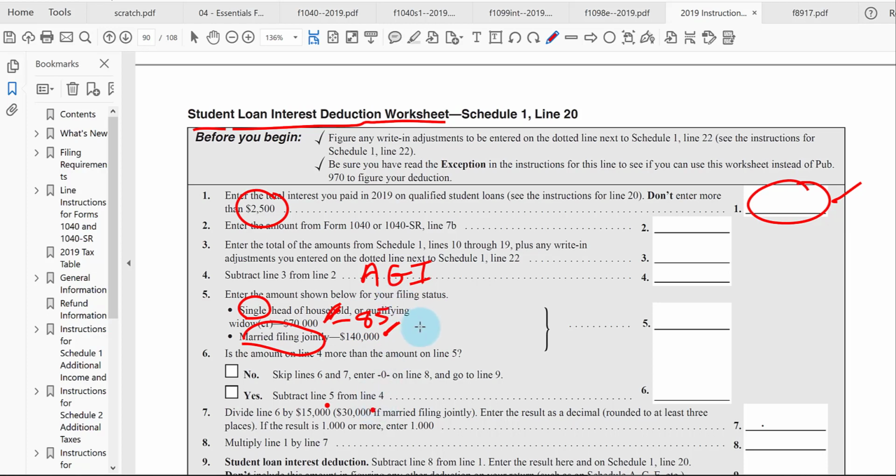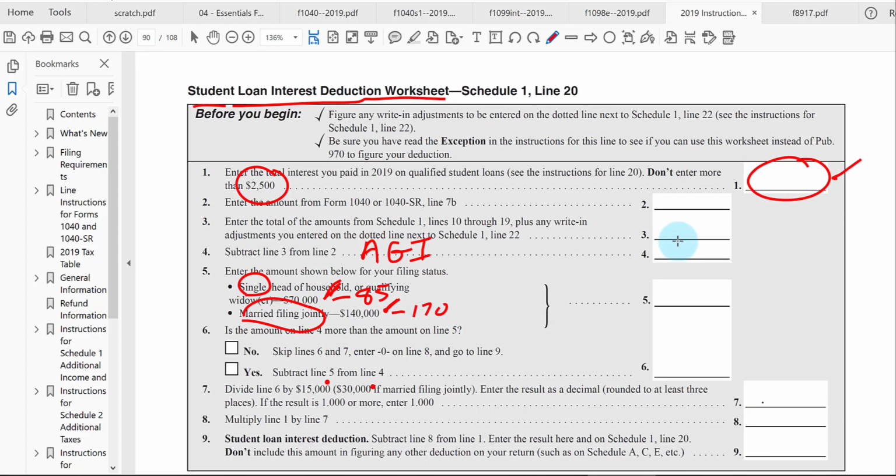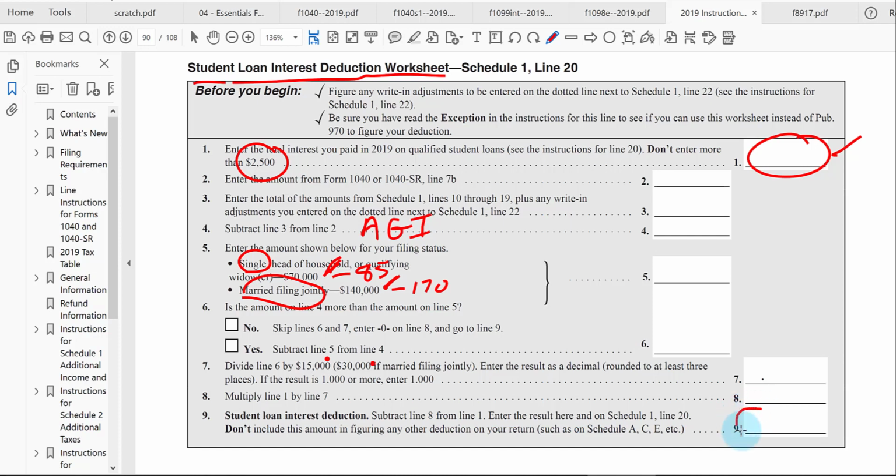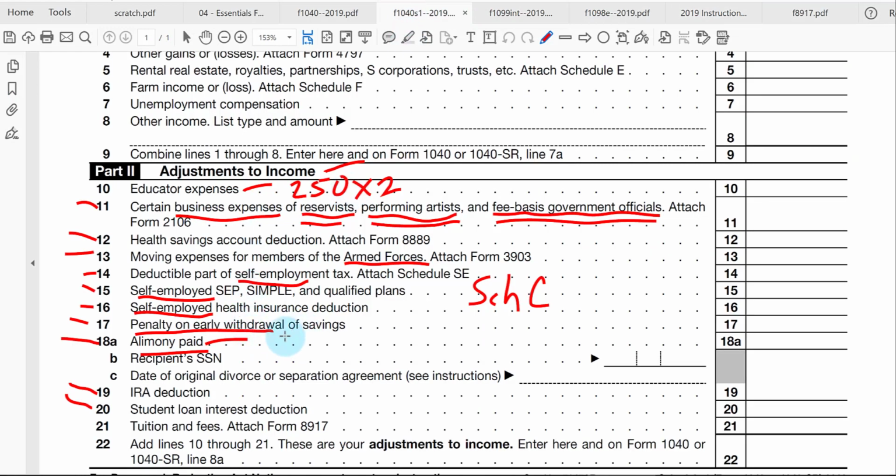Here it is 30,000. So if you're married filing joint and your AGI goes over 170,000, none of the interest is deductible. Okay, so if you work through this worksheet, here at the bottom is the amount that will be deductible. And you report it back on Schedule 1 here in line 20.